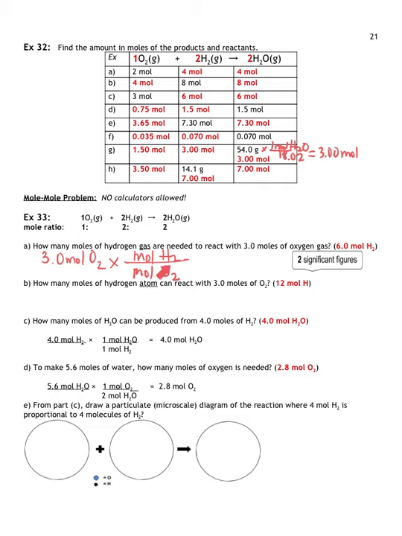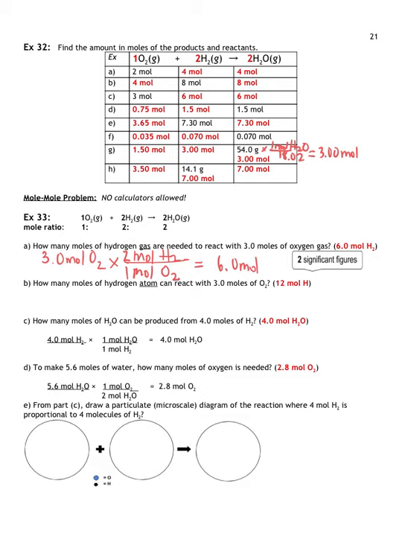Now, what's the ratio between moles of hydrogen to oxygen? Well, it's exactly from the balanced equation. Here's oxygen, here's hydrogen. So 2 moles of hydrogen to every 1 mole of oxygen. And that's precisely what I'll put. And when you multiply these, you'll get 6.0.